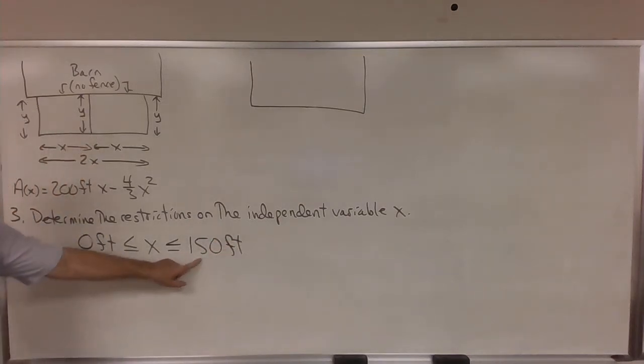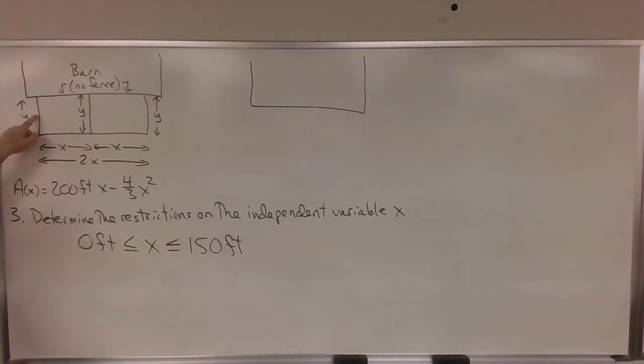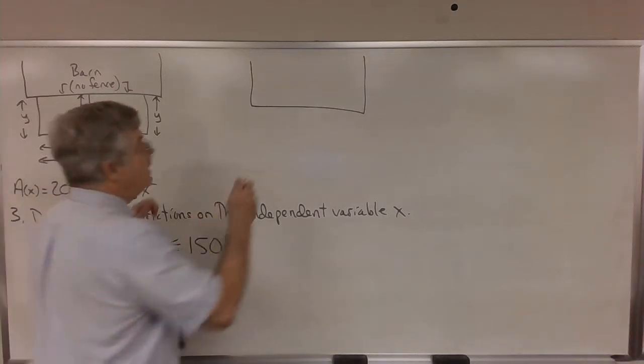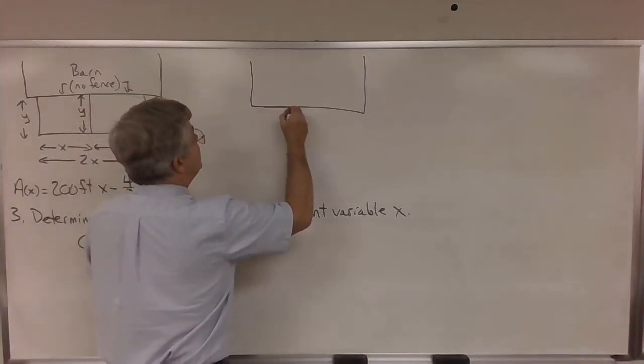X could be as large as 150 feet. And what that would mean is these 3 sides of length y wouldn't exist. My fence would consist solely of these 2 pieces of length x, and this is what my pen would look like.